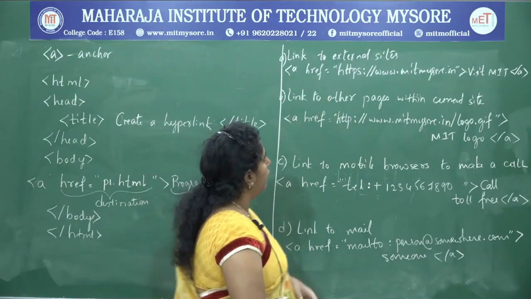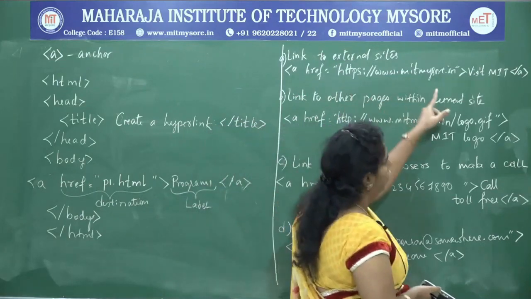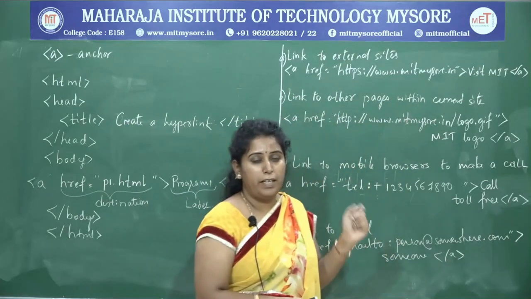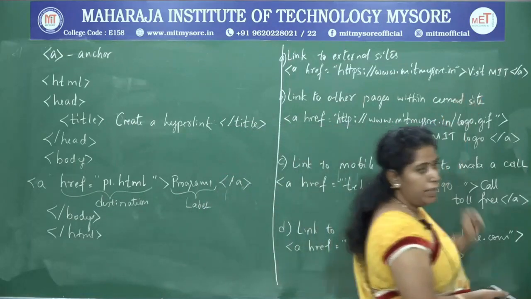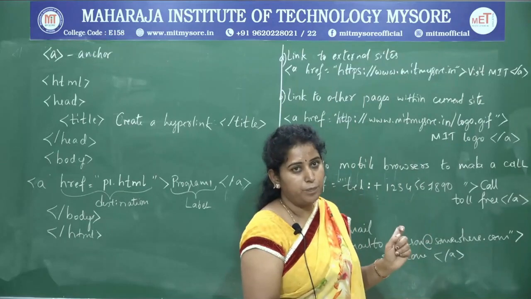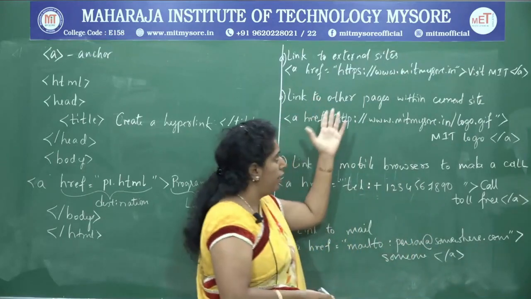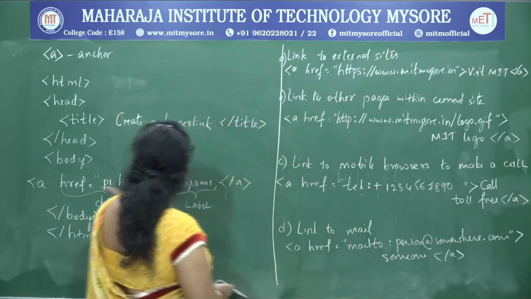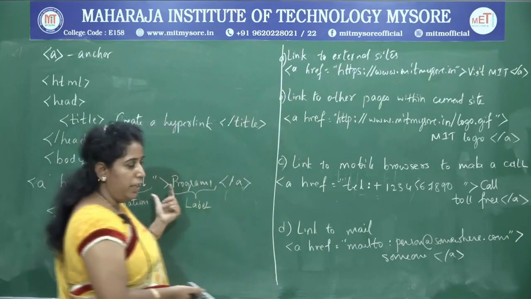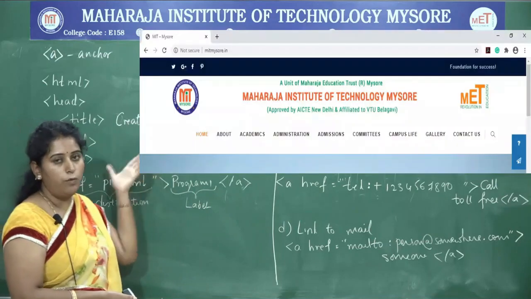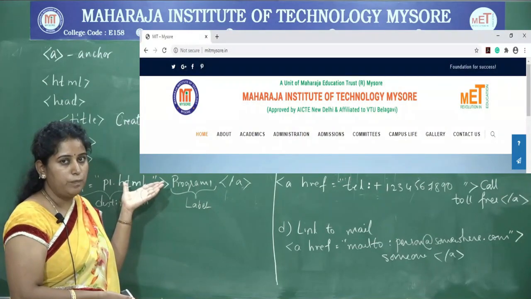What is the external site I am providing? I am going to visit the www.mitmysore.in web page. There I have given a label name called Visit MIT. If I place this statement here instead of the earlier statement, you can notice the output and how it is working.